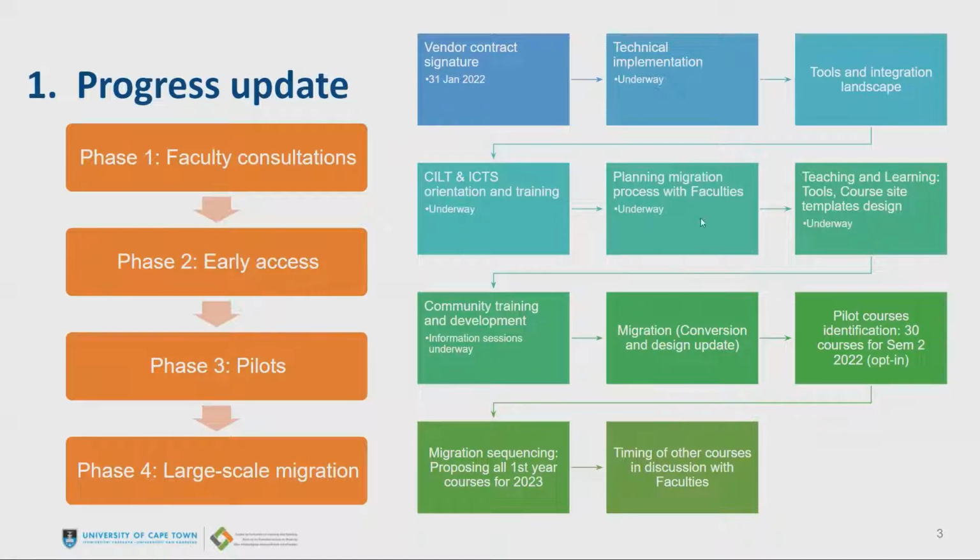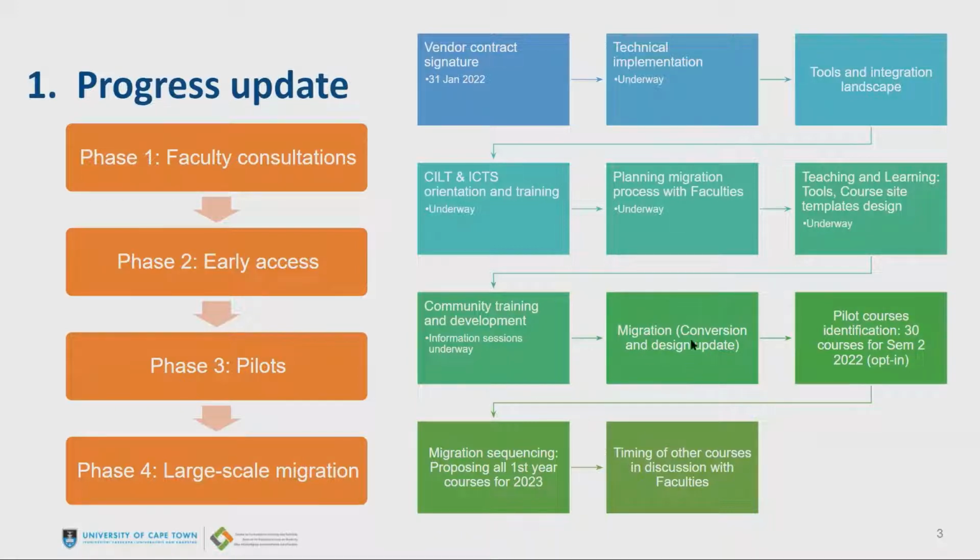At the same time as this, there's ongoing planning for migration and pilots with the faculties. There are various teaching and learning redesigning elements that are happening in relation to the Brightspace platform itself. And we're in the process of these information sessions. So in the flow of this diagram, we are about up to here. Okay, not much further than that.